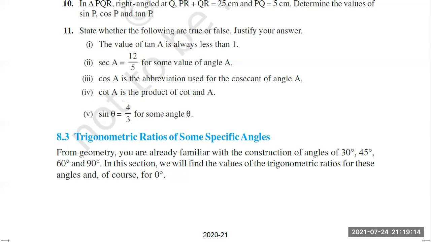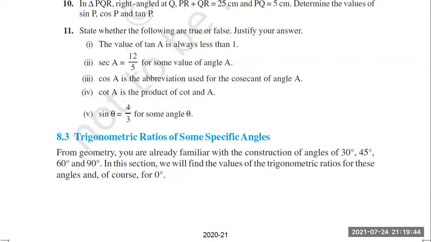So here in this section, we will find the values of the trigonometric ratios for these angles, and of course for 0 degrees also.